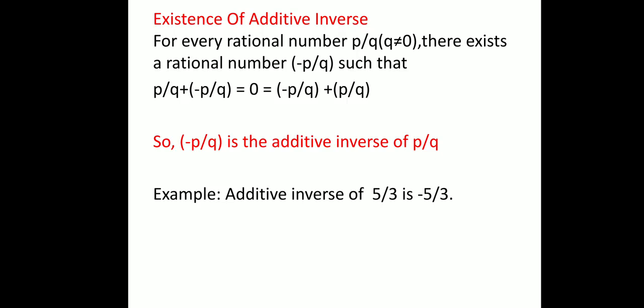Obviously, if I am taking a positive rational number, to make it 0, I need to add the negative of that same rational number to that number. So, the answer will come out to be 0. So, we can say that minus of p by q is the additive inverse of p over q. So, the additive inverse of 5 by 3 is equal to minus of 5 by 3. The simple thing you are supposed to do is, to find the additive inverse, take the negative of the given rational number.